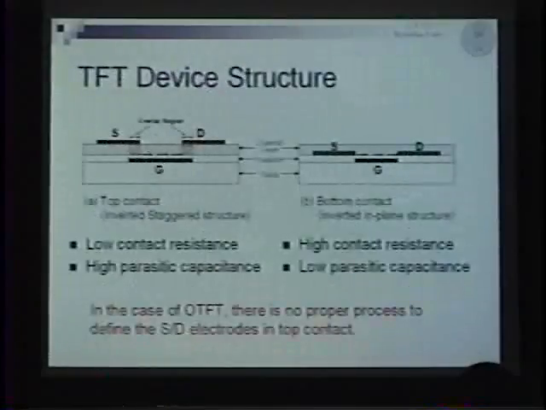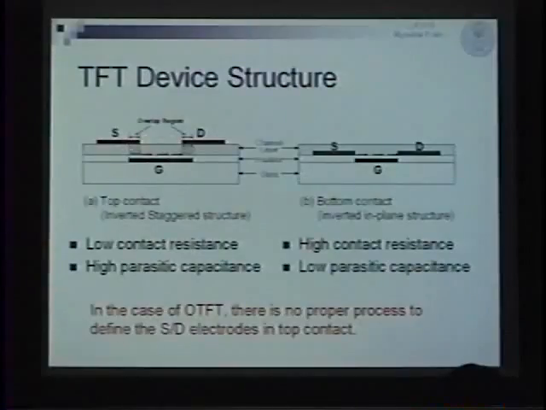Next, please. So lastly, I'll talk about the TFT device structure. Usually amorphous silicon has this type of structure. A bottom contact structure is also possible, but everyone uses this structure because of the overlap region. The overlap region is not good for parasitic capacitance, but good for contact resistance.